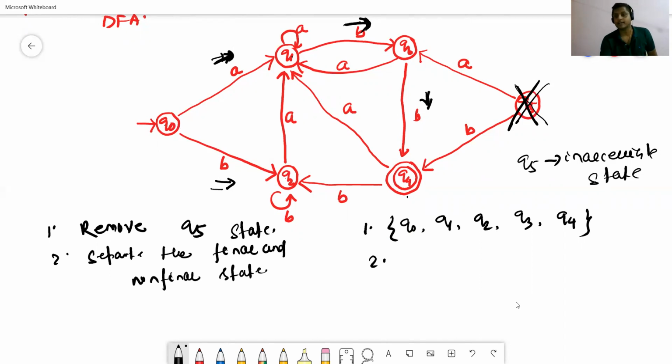Which one is the final? Q4 is the final. So now we'll separate like this: Q0, Q1, Q2, Q3, and Q4 is the separate state. Now we'll again separate these states. What is the third step?